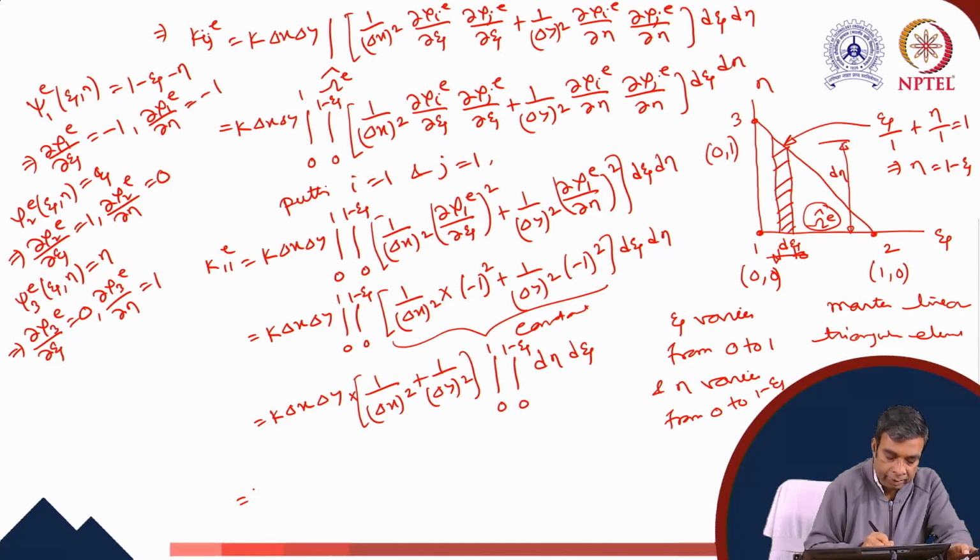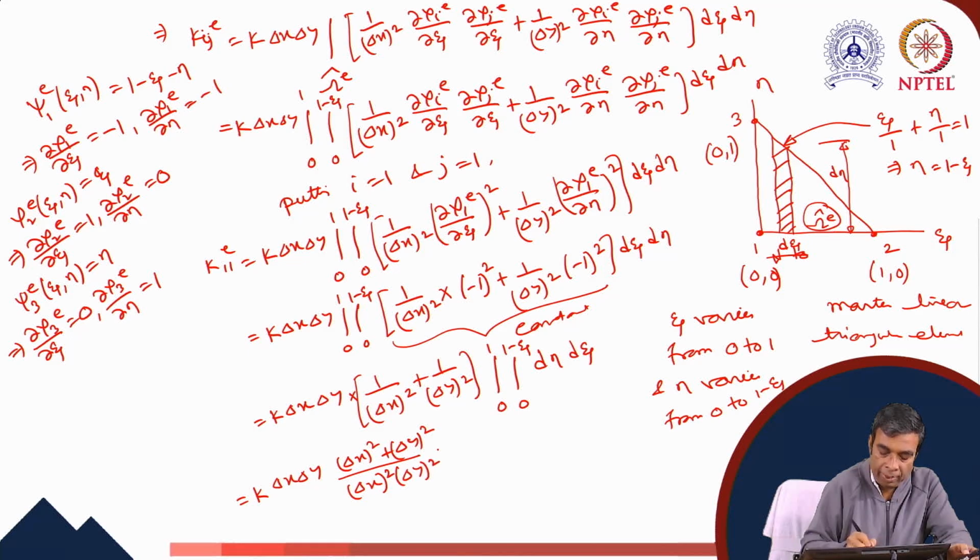This gives us k Δx Δy [(Δx)² + (Δy)²] / [(Δx)² (Δy)²].